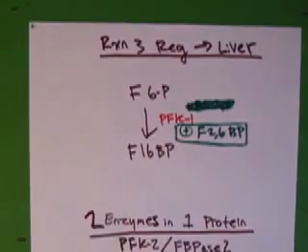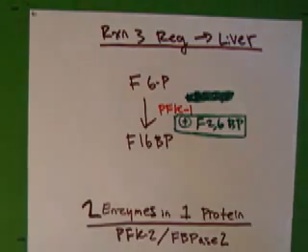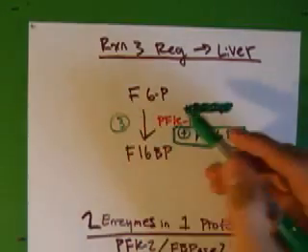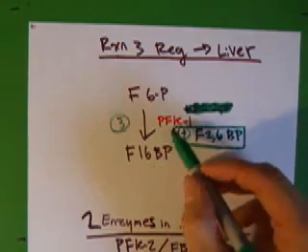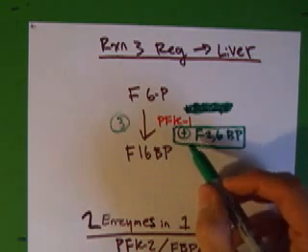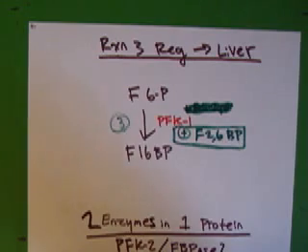Let's take a look at reaction 3. It's the most complicated of the reactions. The regulation of this step is mainly happening in the liver. So if we're going to say it in the most simple terms, reaction 3 is going from fructose 6-phosphate to fructose 1,6-bisphosphate. That happens because of PFK1. PFK1 requires a small amount, any amount, of fructose 2,6-bisphosphate.